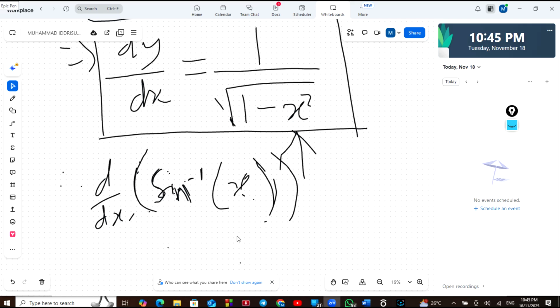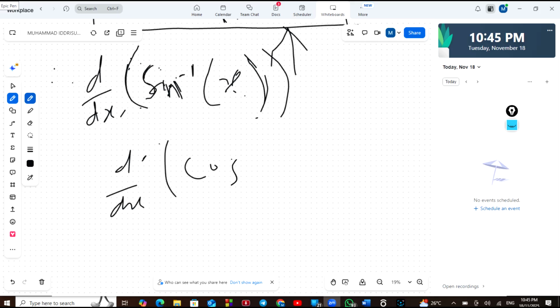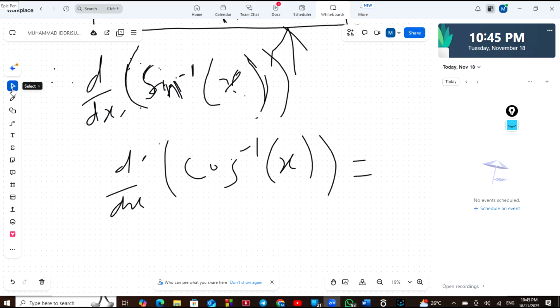You can try them and find what you get. You can also solve for the derivative of cos x, and you can solve for the derivative of cos inverse of x using this same approach, and you will find that answer. So you can try it on your own time.